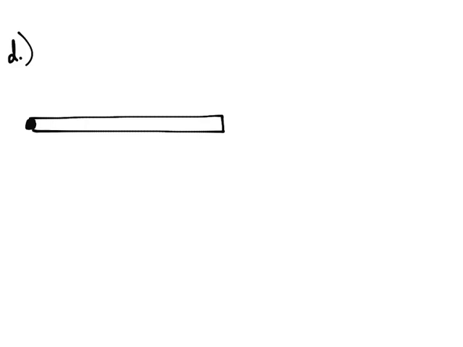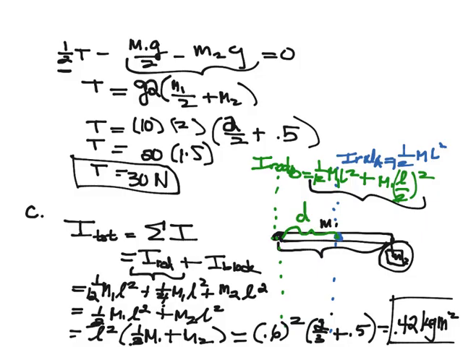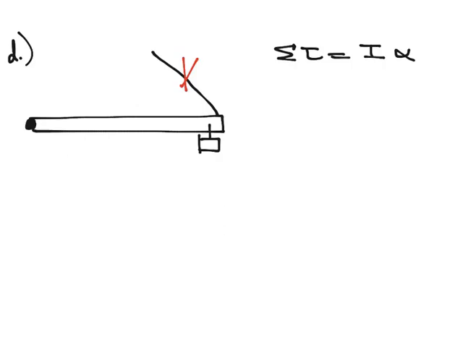Alright, so D says, finally, if the cord that supports is cut, so this cord does not exist anymore, what will the initial angular acceleration of this thing be? Okay, so we're going to use this idea that sigma tau equals I alpha, and we just calculated I, so that was 0.42.